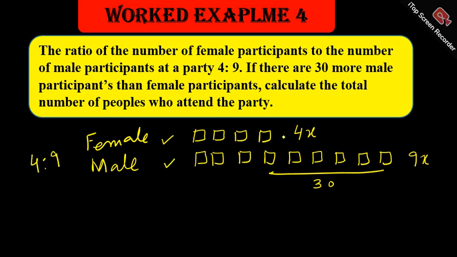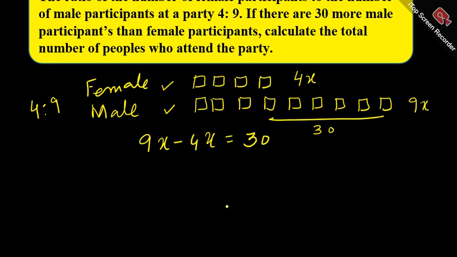So I write let the females be 4x and the males be 9x. According to the statement, males are 30 more, so our equation is 9x minus 4x is equal to 30, right? It is a linear equation you already did in chapter number 6. So you can solve this easily. 9x minus 4x, what do we get?